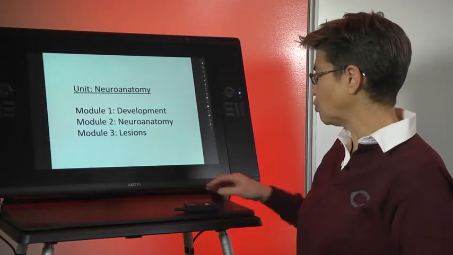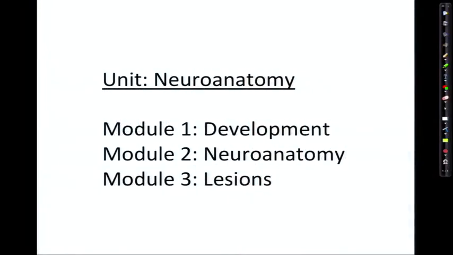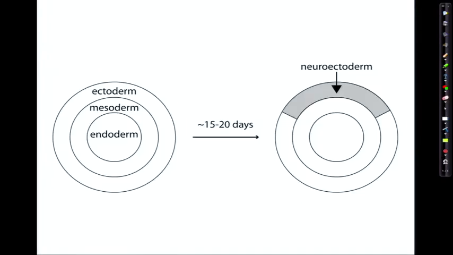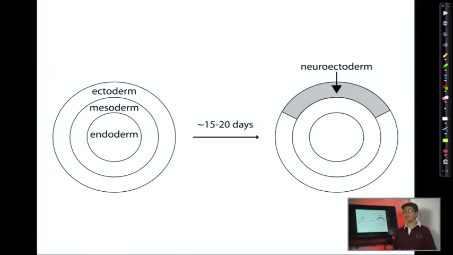Okay, so we're going to start with development. And we're going to start with happy birthday to the nervous system. The nervous system is going to get born at around 15 to 20 days of gestation. At the beginning of this point, the embryo is a few dozen cells, and it's divided into these 3 layers, the ectoderm, the mesoderm, and the endoderm.